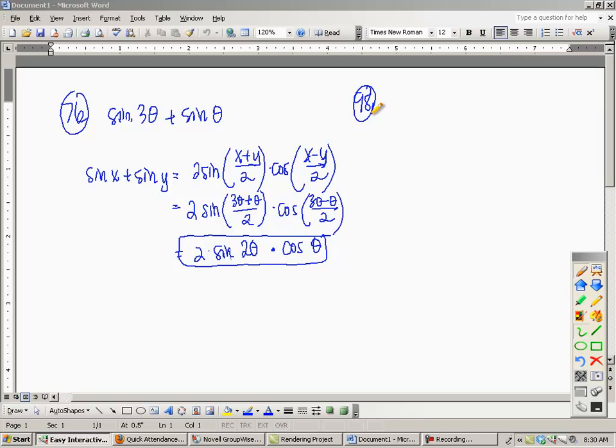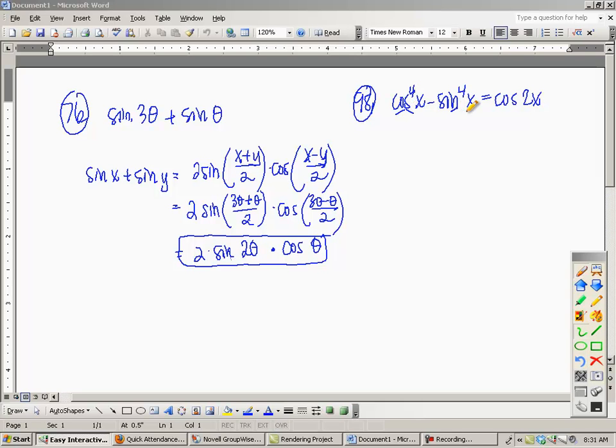Number 98 says verify the identity. And they give you cosine to the 4th minus sine to the 4th equals the cosine of my double angle. Okay. All right, here we go. I am going to factor this.